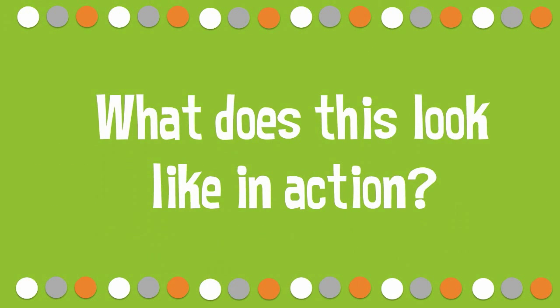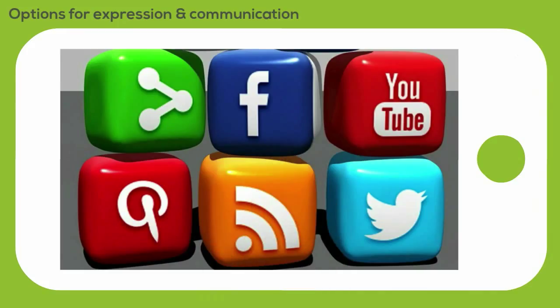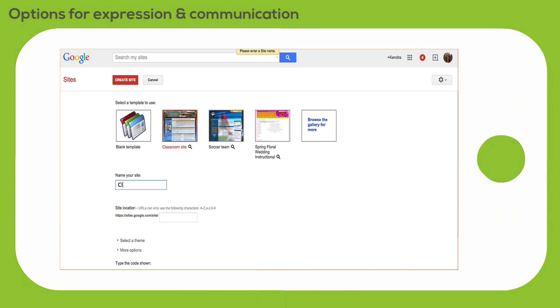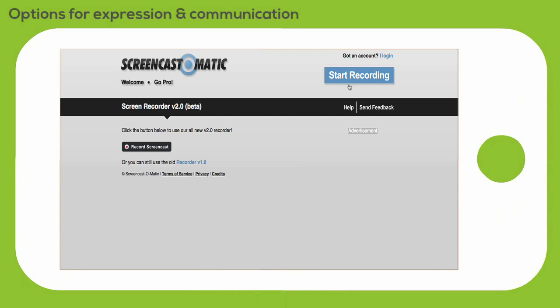What does this look like in action? Options are the name of the game in this guideline. Teach students how to communicate using a variety of media. This might include the creation of social media such as blogs, wikis, and tweets, and the use of online interactive tools to create comics such as Make Beliefs Comix, website builders such as Google Sites, animation videos such as Powtoon, or easy screen capture videos such as Screencast-O-Matic.